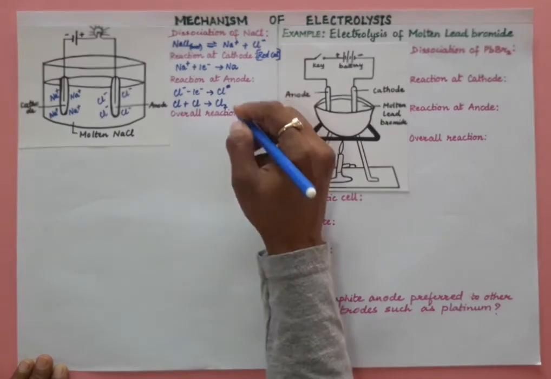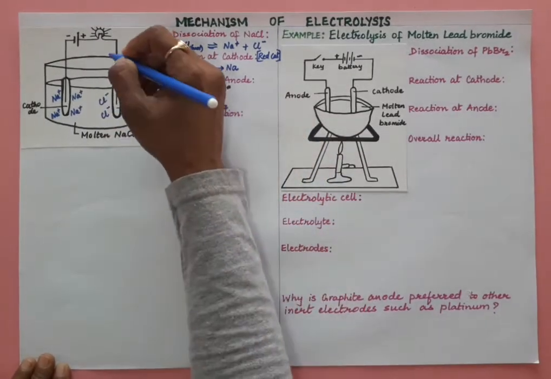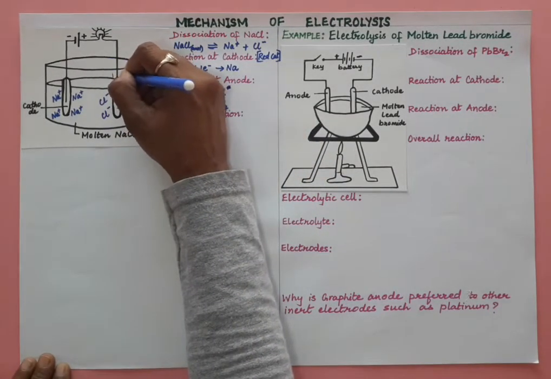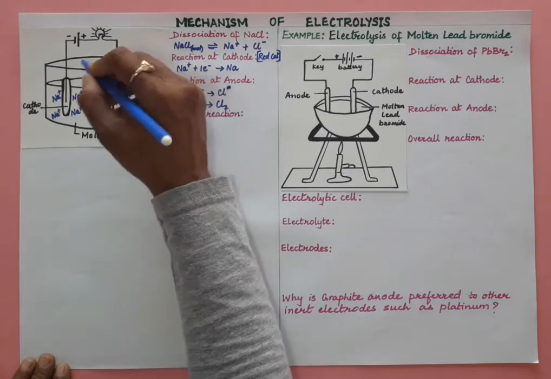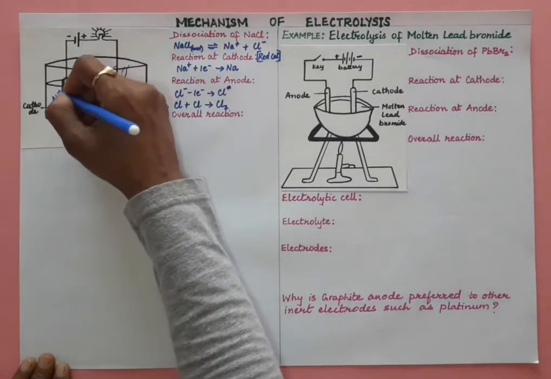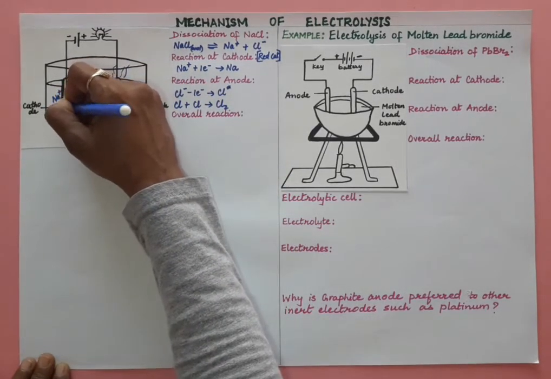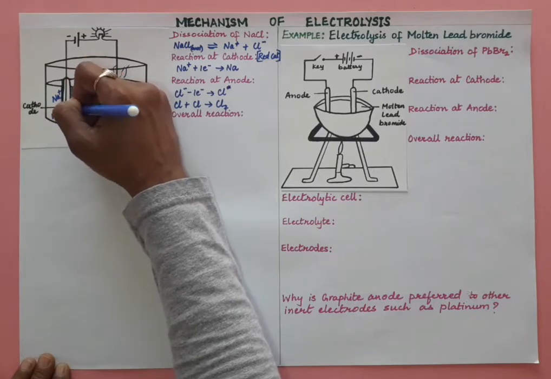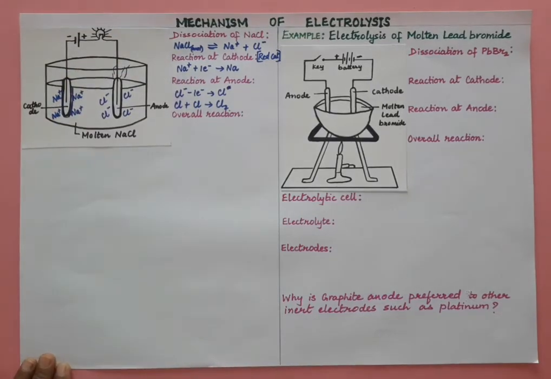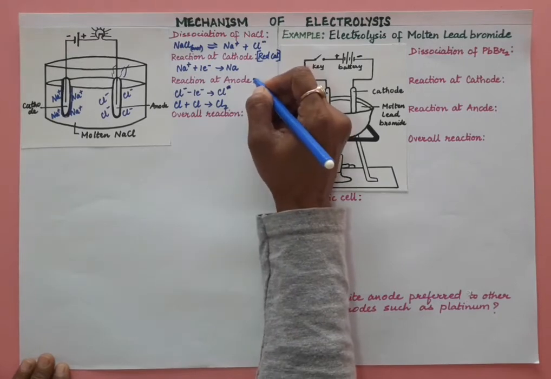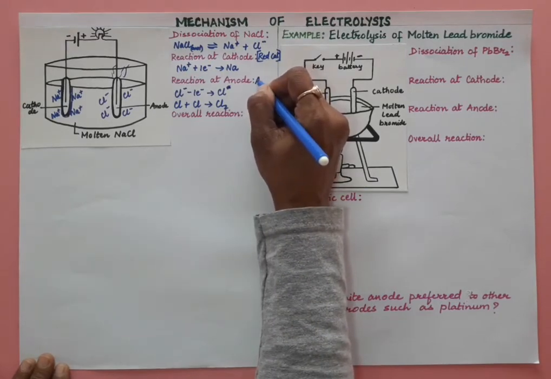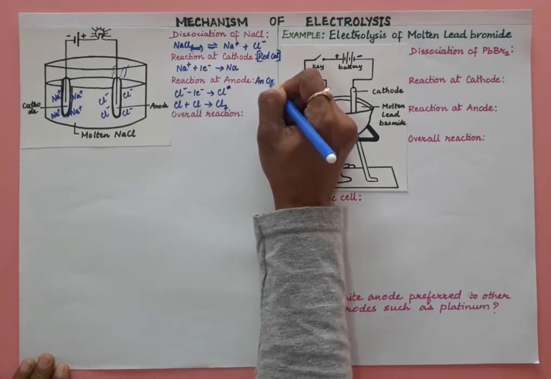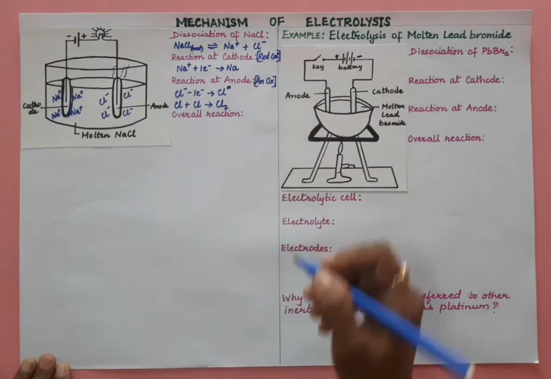So chlorine gas is liberated at the anode, and at the cathode sodium, a silvery white metal, gets deposited. At the anode we say AN OX. Remember AN OX: oxidation takes place at the anode, always and always.